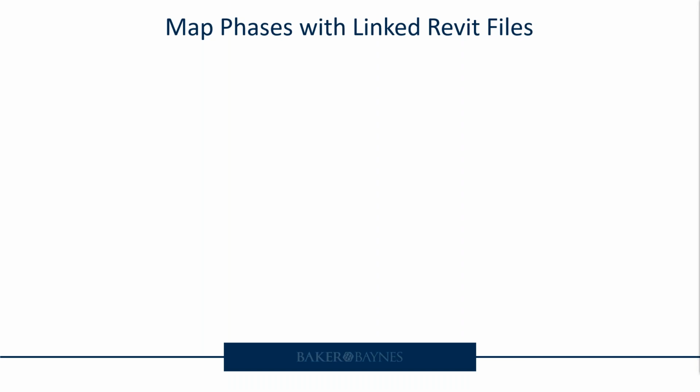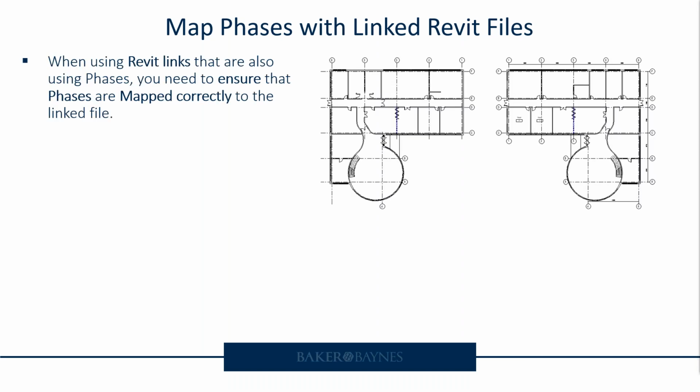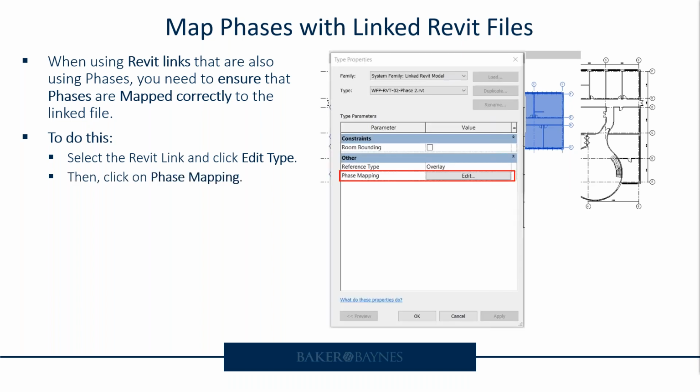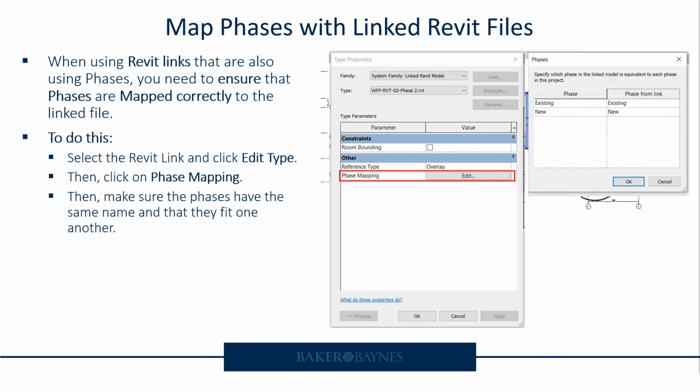Then if you are working with linked Revit files that also have phases, it's important to map your phases correctly. So here we've got two Revit links, and to map it correctly, you will select your link, and then you will select edit type, and then from your phase mapping, the option you would select edit, and then it will show you your phases in both your host model and also the phases from the link.